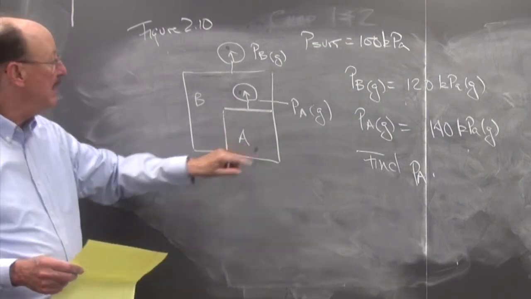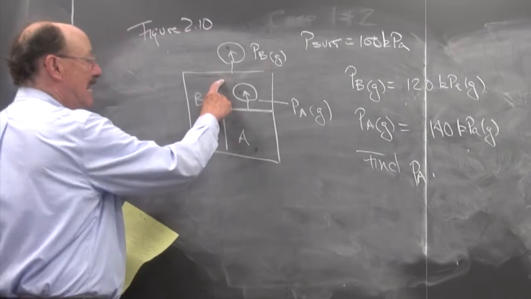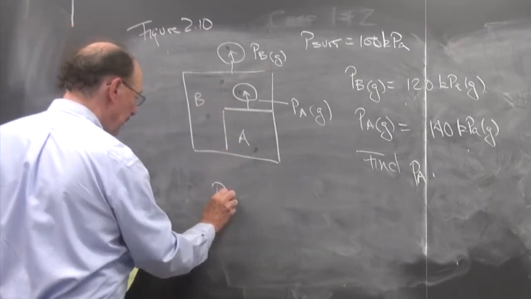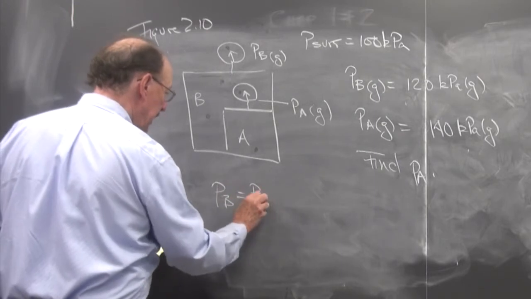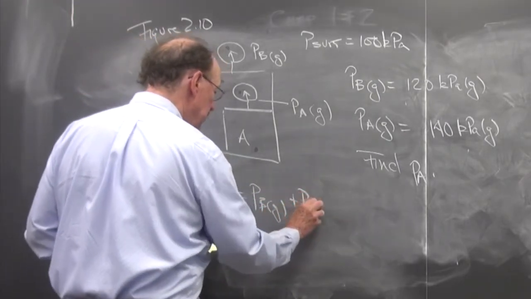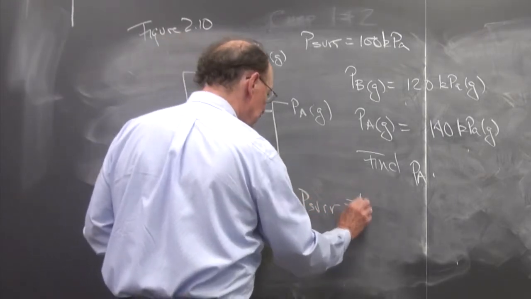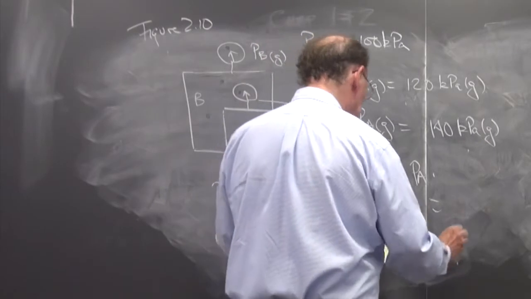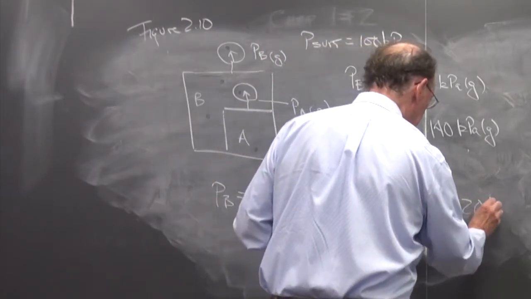So now, I can find out what PB is. It's PB gauge plus surroundings, which is equal to 120 plus 100, which is 220 kPa.